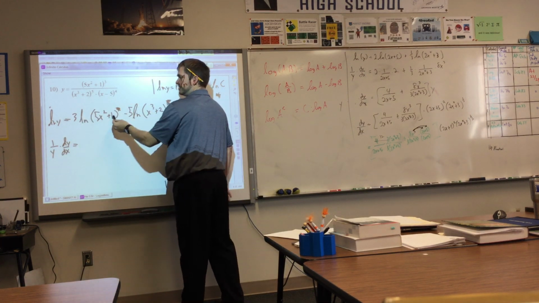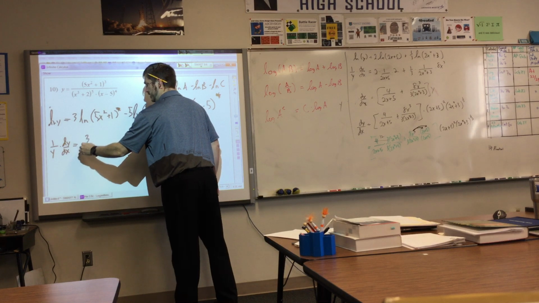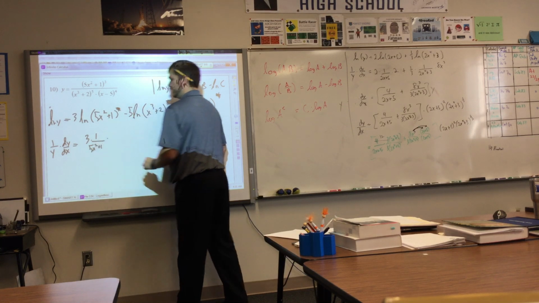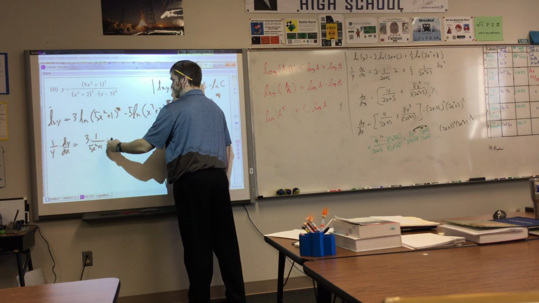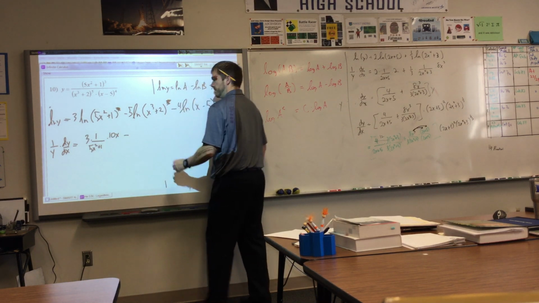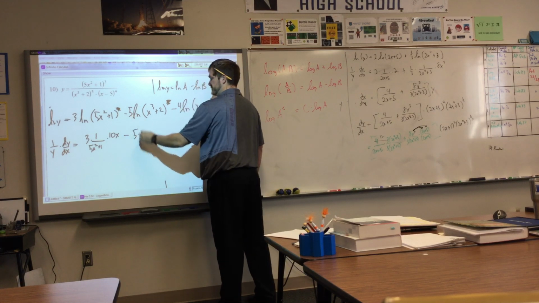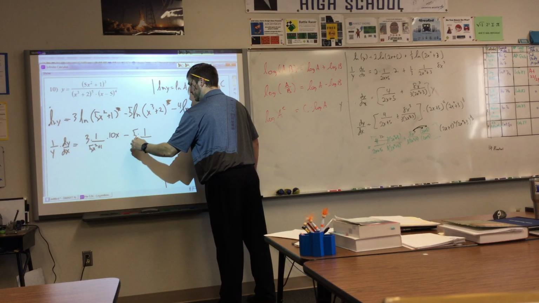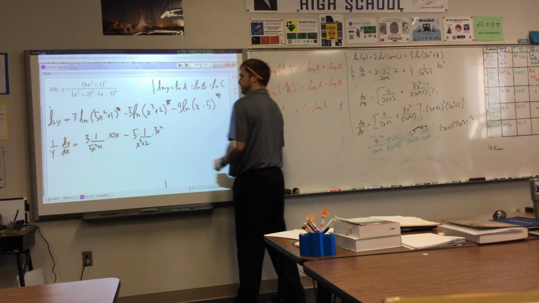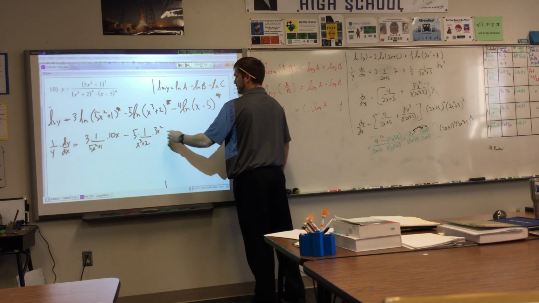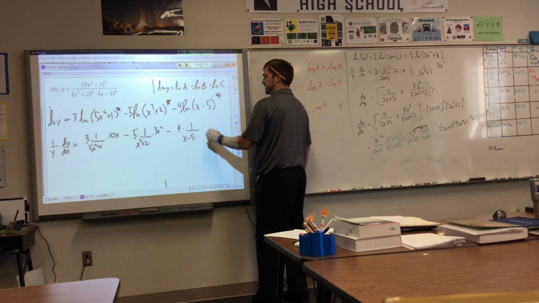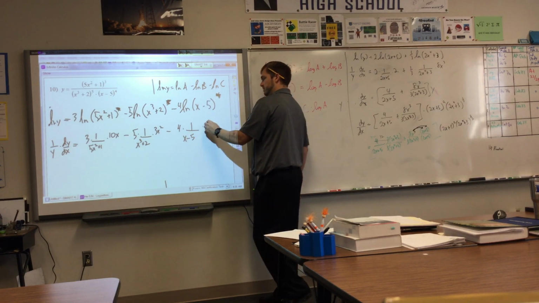The derivative of 3 times the ln of anything is 3 times 1 over the anything, 5x squared plus 1, times the derivative of the anything, 10x, minus the derivative of this, 5, 1 over the anything, x cubed plus 2, times the derivative of the anything, 3x squared, minus 4, 1 over the anything, x minus 4, times the derivative of the anything, 1.